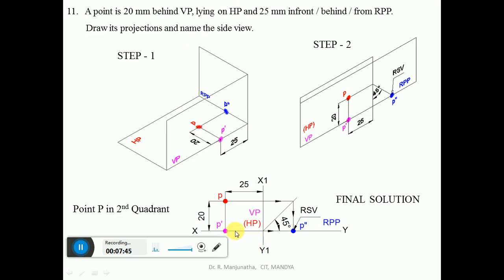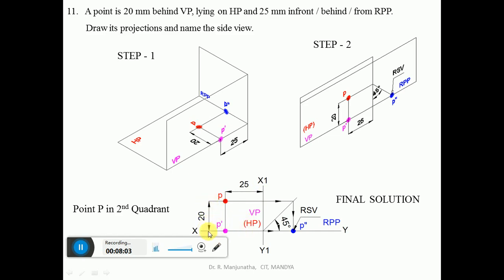Now this shows the directions of projections, and then from the X1 Y1 line to small p, you measure the dimension, which will be equal to 25, and from P dash to small p, it is 20 mm, you give the dimension.